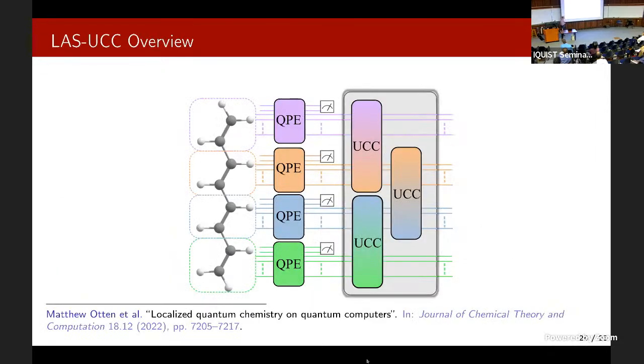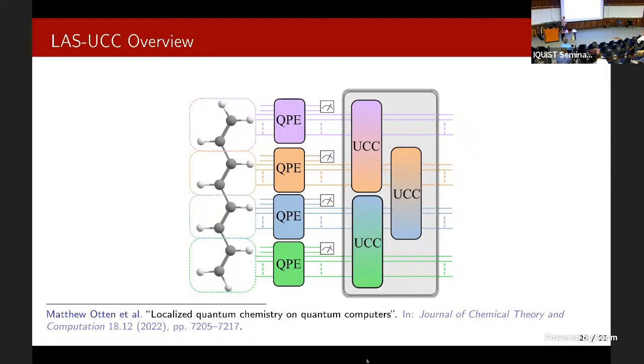And so one algorithm that we worked on was to combine these QPE bits with unitary coupled cluster. So there's VQE parts here that's doing this variational principle. And instead of doing this relatively expensive quantum phase estimation, we saw that when you get to 100 orbitals, it's taking 10 to the 12th gates.